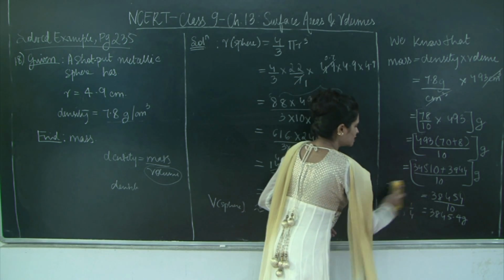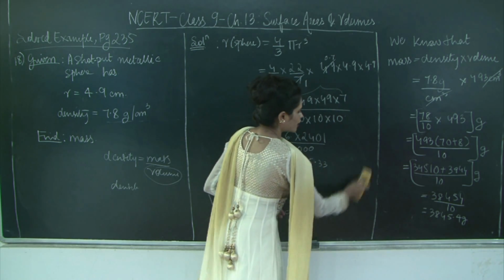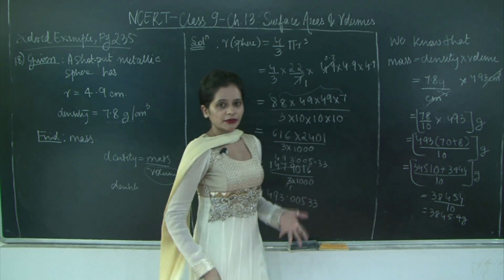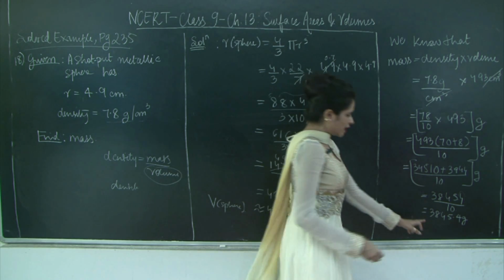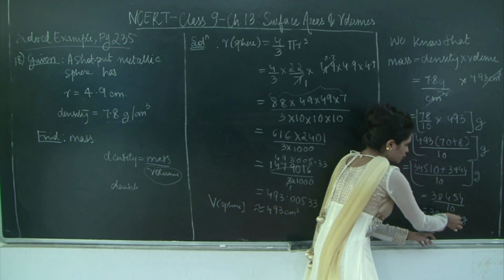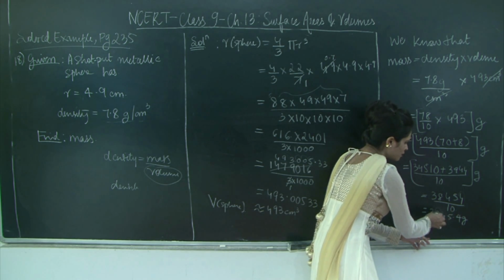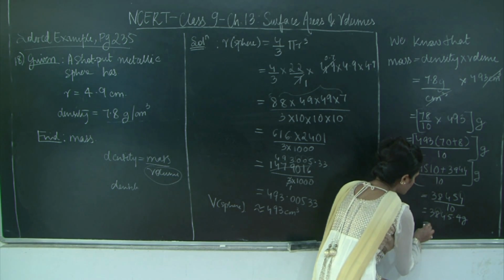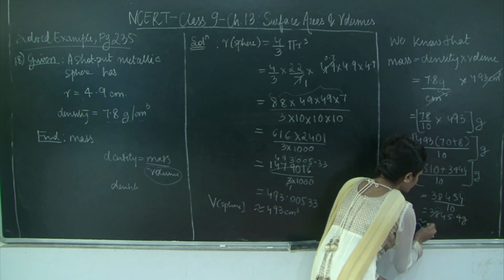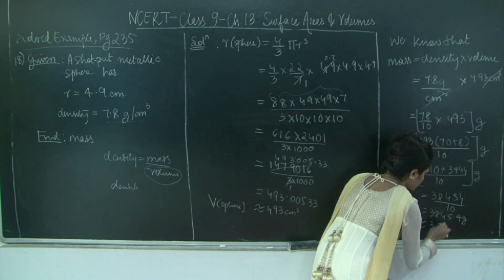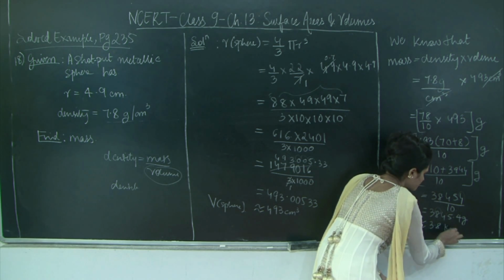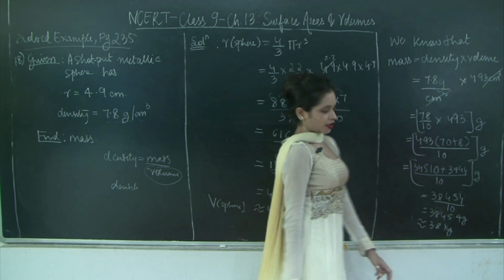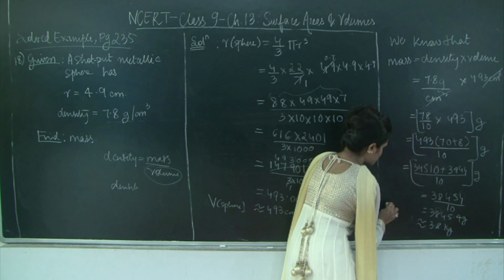Now these many grams don't really look good, so I am going to convert the grams into kilograms. We know that 1 kilogram is 1000 grams. So in order to make this kilograms, I am going to shift towards the left by 3 decimal places. So this is approximately equal to 3.8 kilograms. This is your mass.